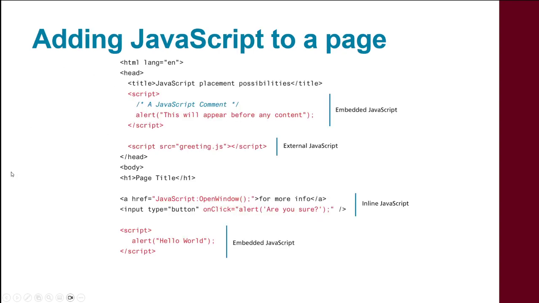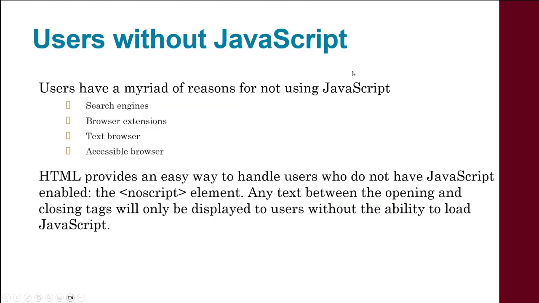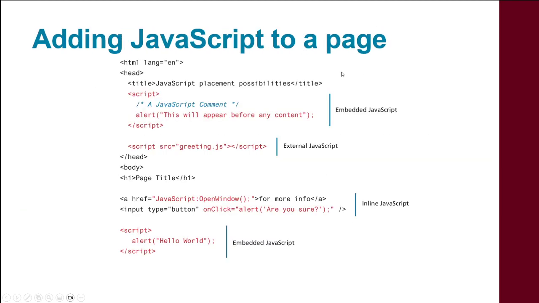Okay. So, embedded JavaScript is at the top, and then we have an external, and then we have an inline. So, from the top down, we have our opening of our HTML, we have our head area, we've got our type. There we go. And then we have an opening script tag.